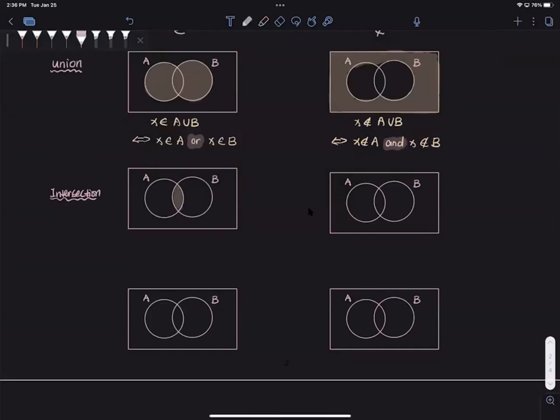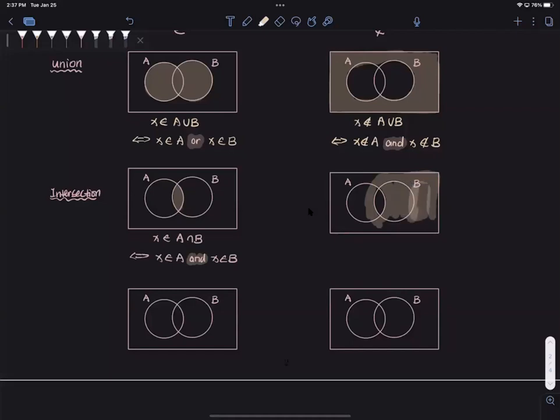So X is in A intersect B, which is equivalent to X is in A and it's in B. It has to be in both. Again, the keyword is and. If it's not in A intersect B, then it could be anywhere other than this part. You see?